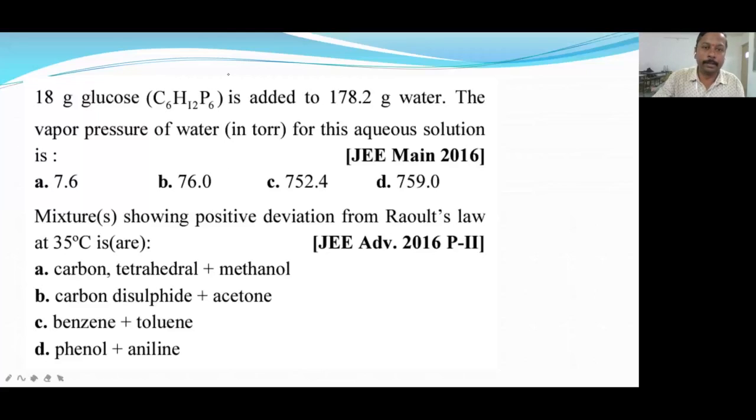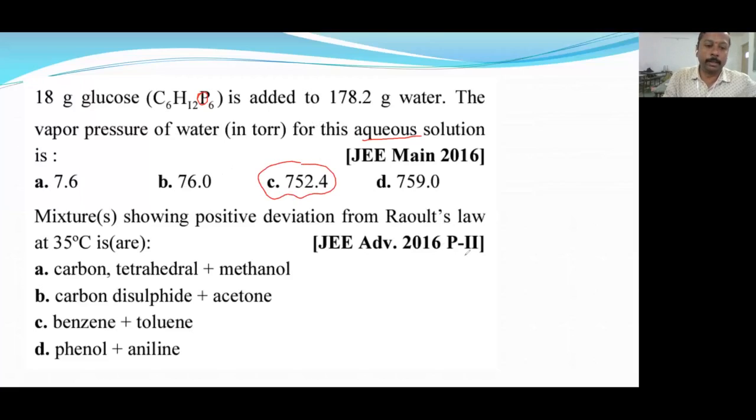Here it is C6H12O6 actually. You can take it as per the slide. An aqueous solution, 18 grams, and here the vapor pressure of water. That means you only have to find the solution vapor pressure. Very simple question. You will get 752.4.